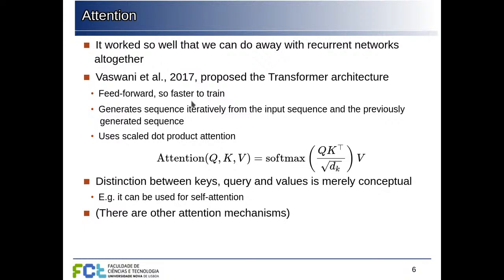And in fact, it worked so well that in 2017 it was shown we could do away with the recurrent networks and actually use a feed-forward network with attention, and that would solve the problem. And this is much better because with recurrent networks we cannot parallelize training so well as we do with feed-forward networks. So feed-forward networks scale more, are faster to train, are easier to train, and so there are a lot of advantages here. And the idea now is that we have this feed-forward network that receives as input the input sequence.